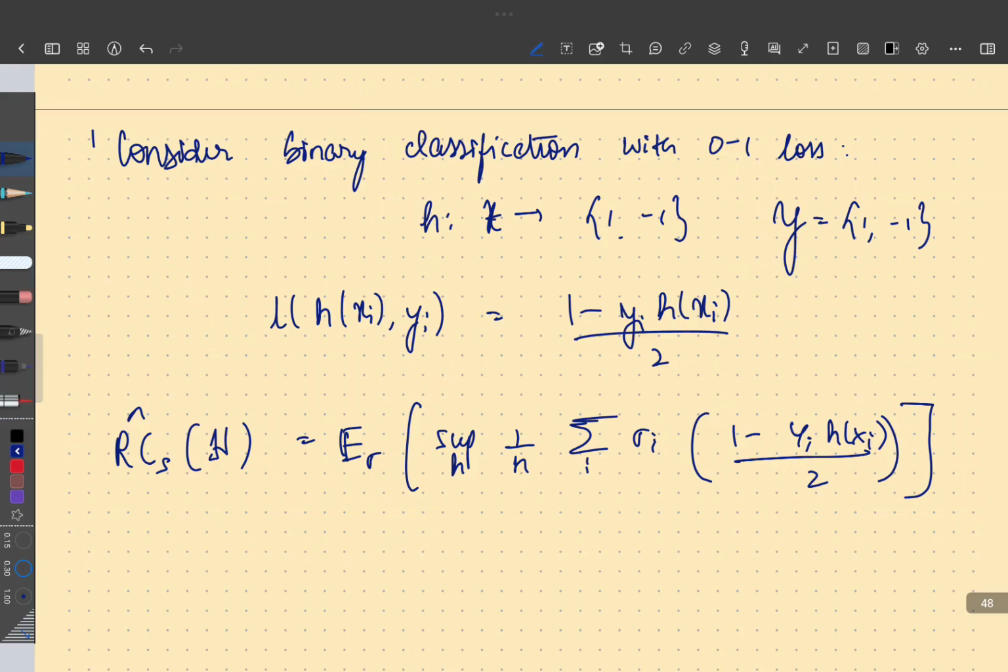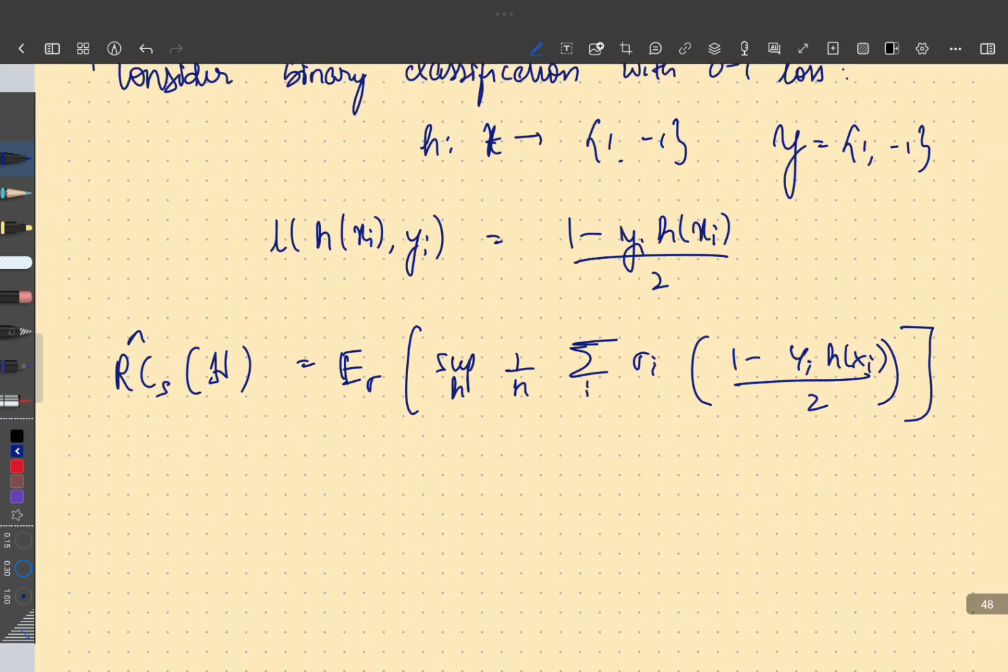All right. Now I can split the two terms. This half minus yi h of xi by 2.